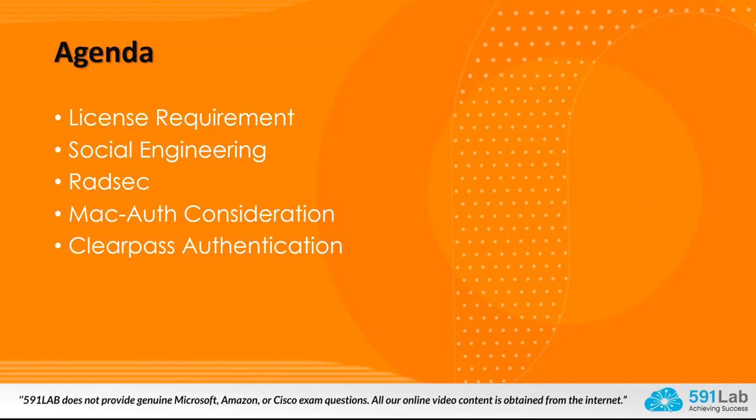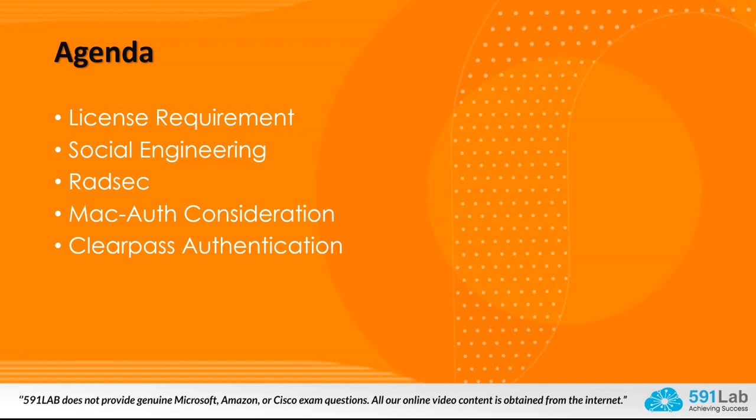Now, let's get to the heart of the matter. Here's an overview of what we'll be covering during today's session. Starting with the license requirements, we will be discussing license requirements in the context of Aruba network deployments. After that, we will be moving to social engineering and illustrating what social engineering is and how it can be eliminated within your network.